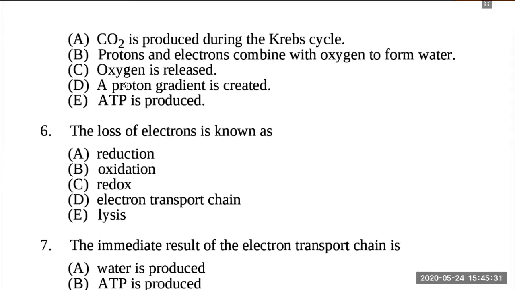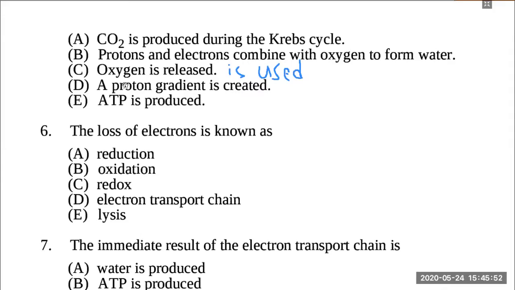We have oxygen is released. Oxygen is not released, as we know that oxygen is used during the process of cell respiration as a reactant. But CO2 will be released. A proton gradient is created.